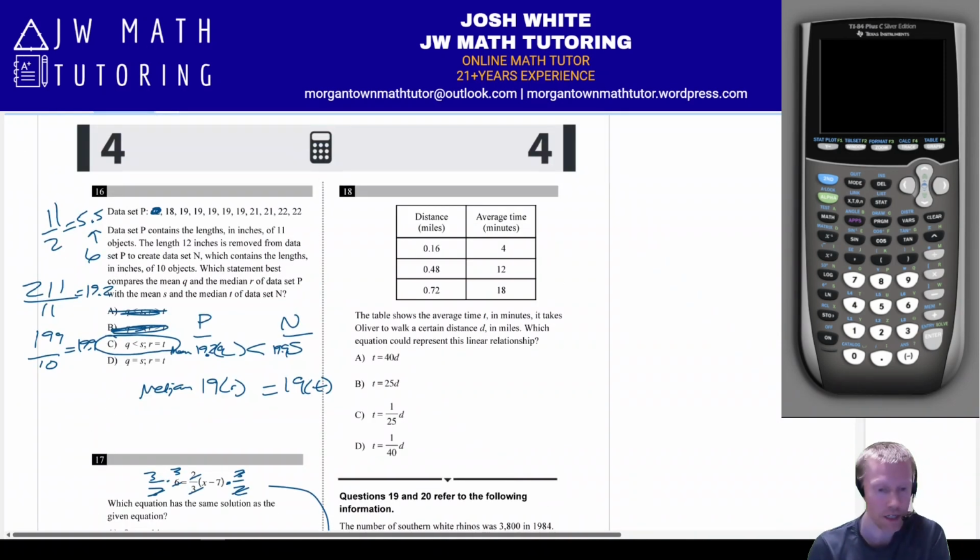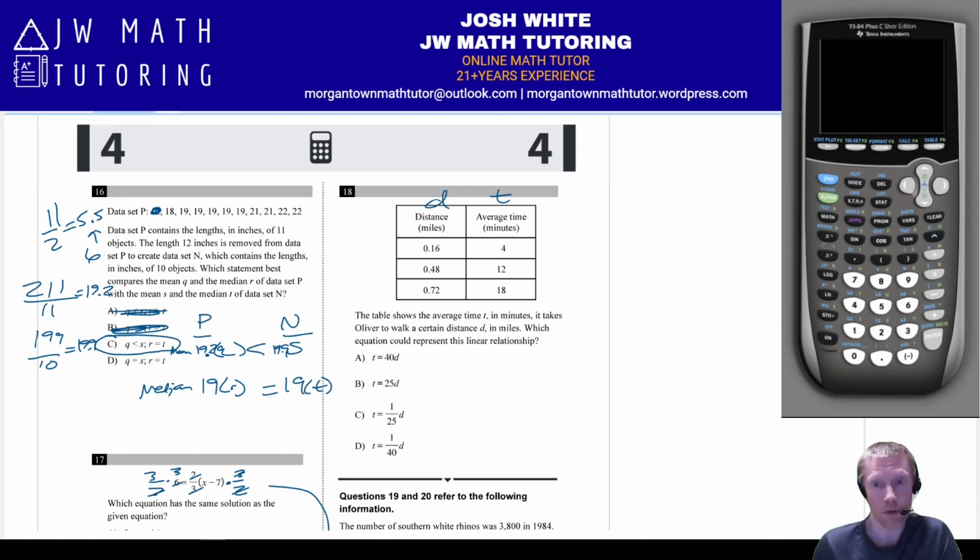Back to the top of the page for number 18. So this is basically just a linear equation or a line where you have some sets of points and they want to know what the relationship is. In other words, this is no different than any of the problems where they give you a couple points and they want to know what the equation of the line is.